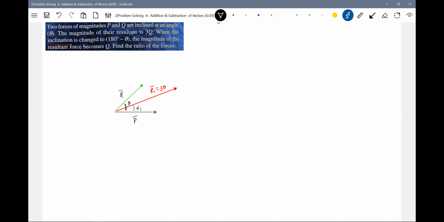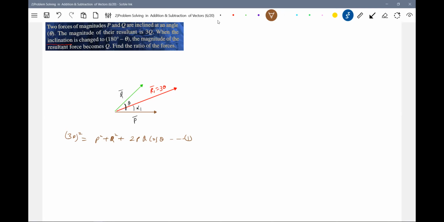When the inclination is changed to 180 minus theta, the angle between the vectors becomes 180 minus theta. So before that, we'll write this equation: 3Q whole square is equal to P square plus Q square plus 2PQ cos theta. Keep this one equation in hand.